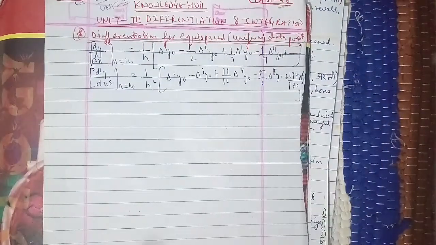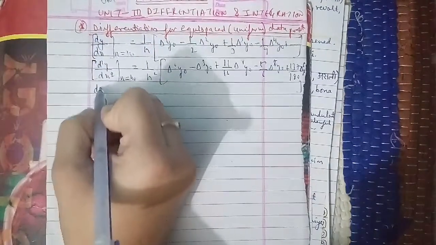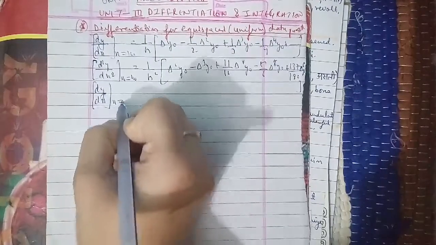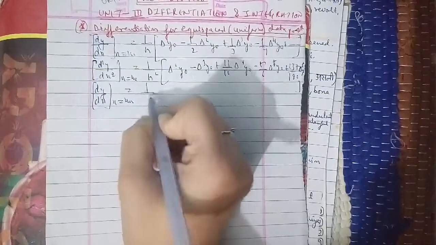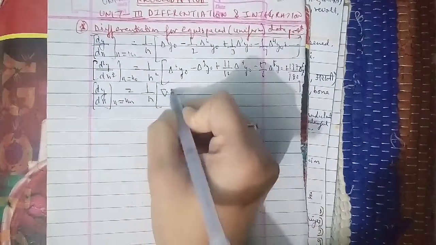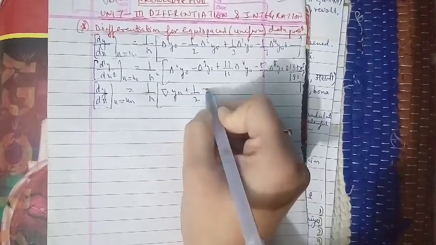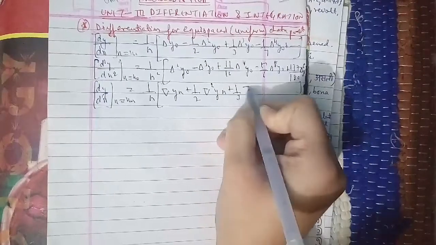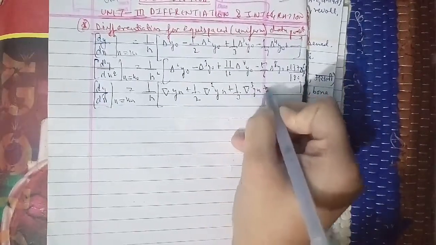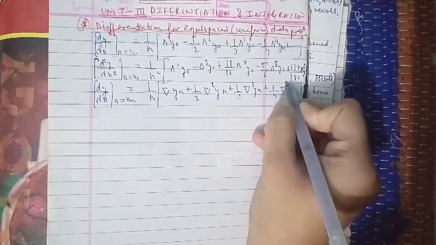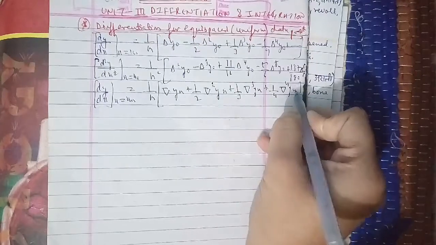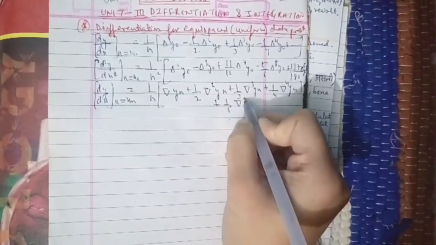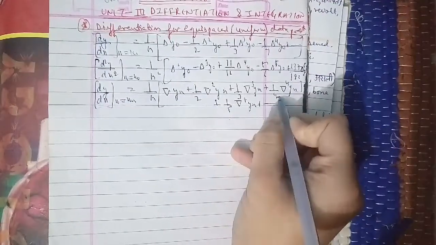Now we go ahead to dy/dx at x equals xn, which equals 1/h, bracket, backward y n plus 1/2 backward squared yn plus 1/3 backward cubed yn plus 1/4 backward 4 yn plus 1/5 backward 5 yn plus and so on.